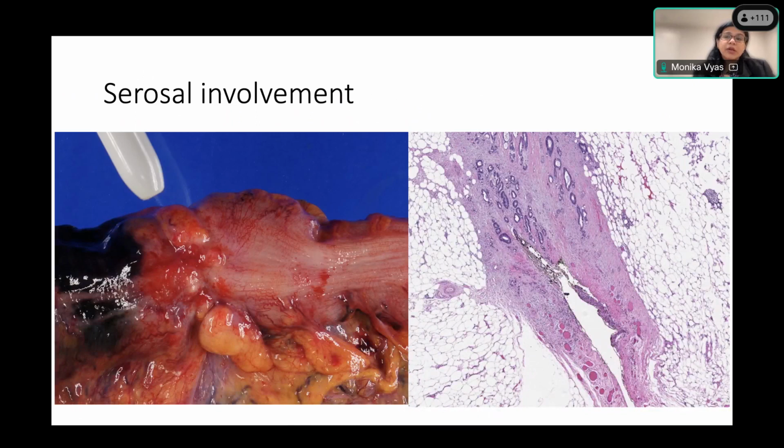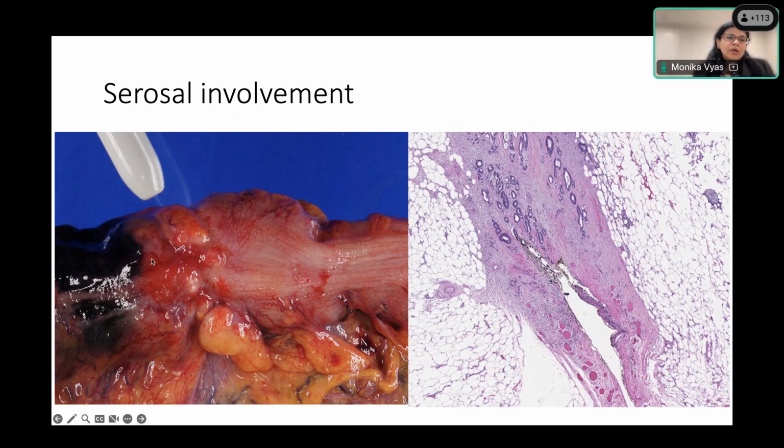So here again, the importance of your grossing is illustrated to its greatest extent, right? Examination of the external surface, the serosal surface, is very important, because when you see serosal irregularities or puckering, that's the buzzword, like this, or any nodularity there, it is extremely important to slice it into thin slices and evaluate where the serosa might be involved.